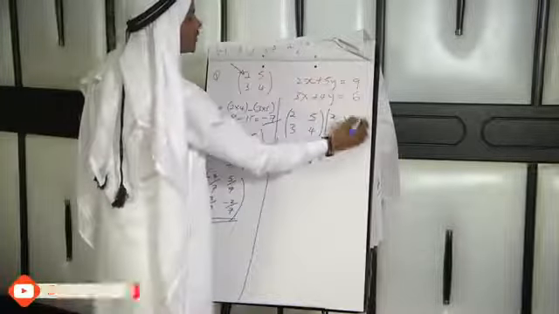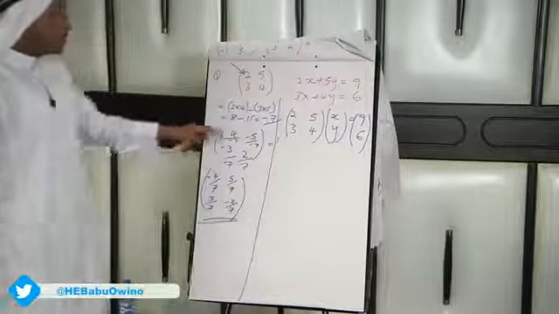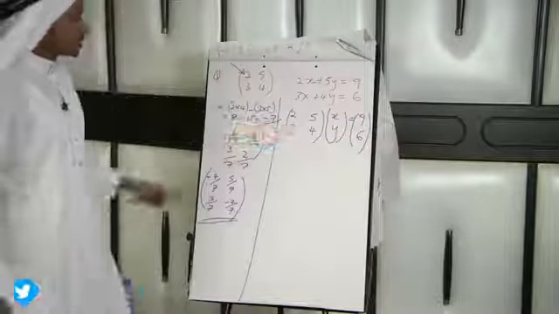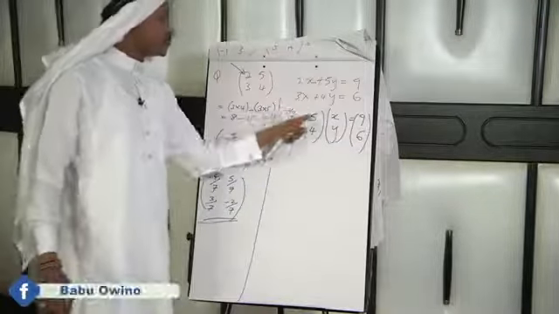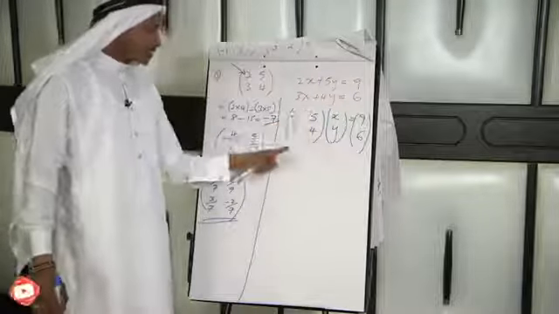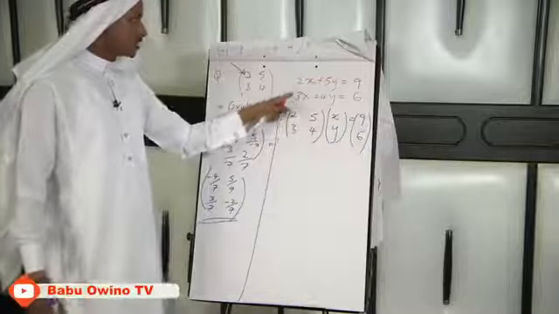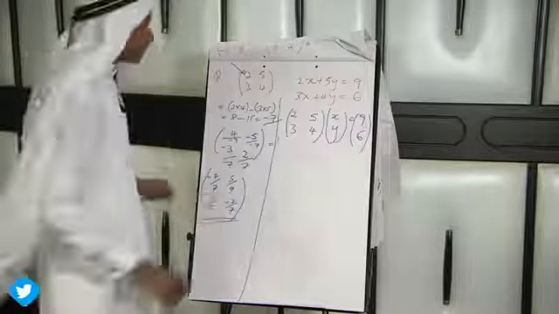Then equate it to 9, 6. So class, 2x plus 5y can be written as 2, 5. 3x plus 4y can be written as 3, 4. Then x, y, and then 9, 6. X's and y's. X's on one side, 2, 3, 5, 4. Then x, y equals 9, 6.